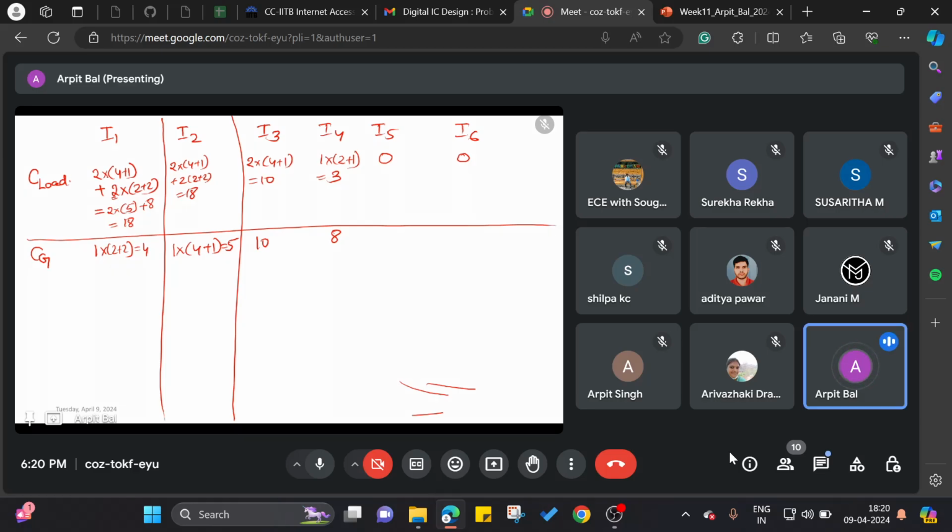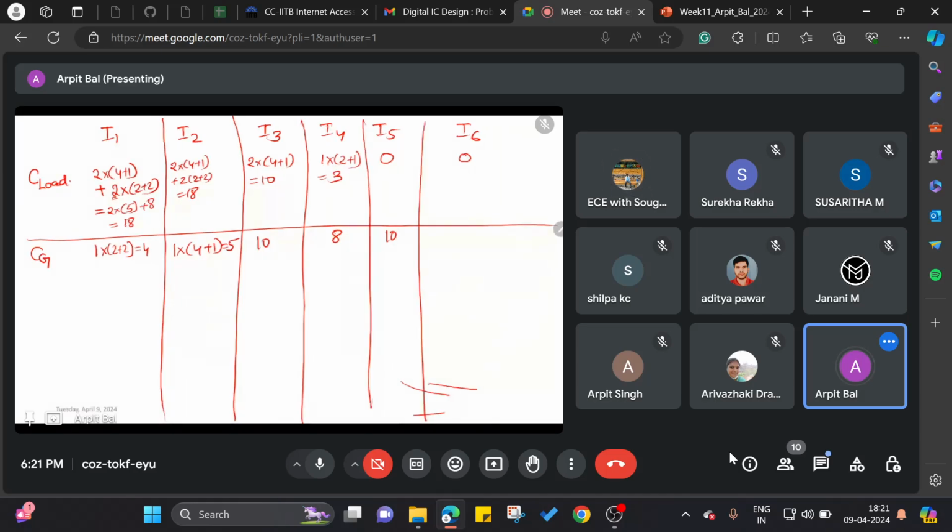Yeah, I3 is correct because I3 will be 2 times 4 plus 1, that is 10C, and I4 is also correct, 2 times 2 plus 2, that is 8C. What is I5 and I6? I5 is also 10C. I6, 3C. Yeah.